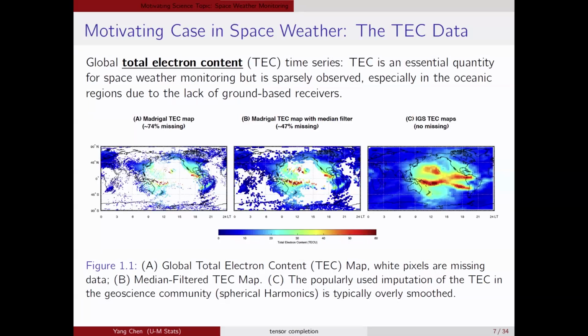For example, in some wealthy countries like the United States, we have really good signal coverage because we have a lot of ground receivers. But in some other parts of the world, the data coverage is much worse. For example, in China, the ground receivers were built pretty much in recent years, whereas in the US, this has been monitored for years.